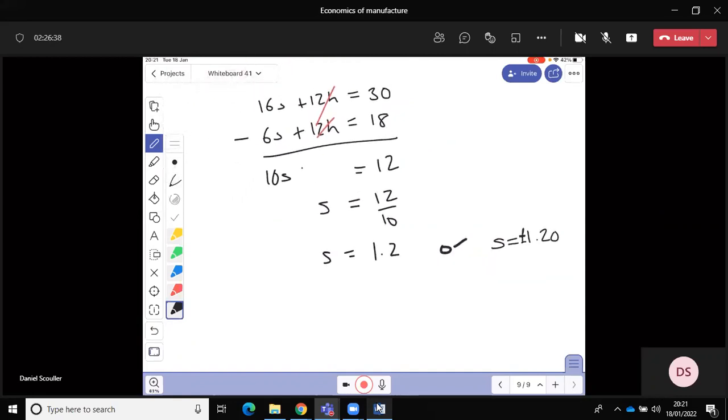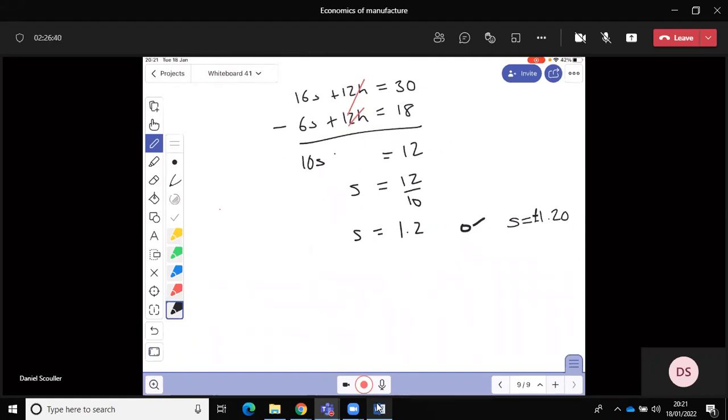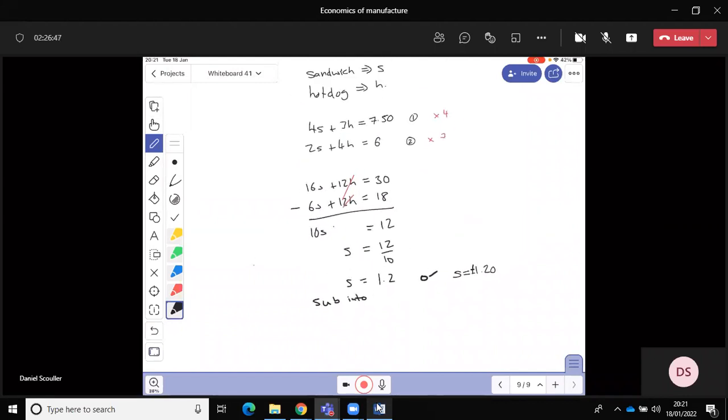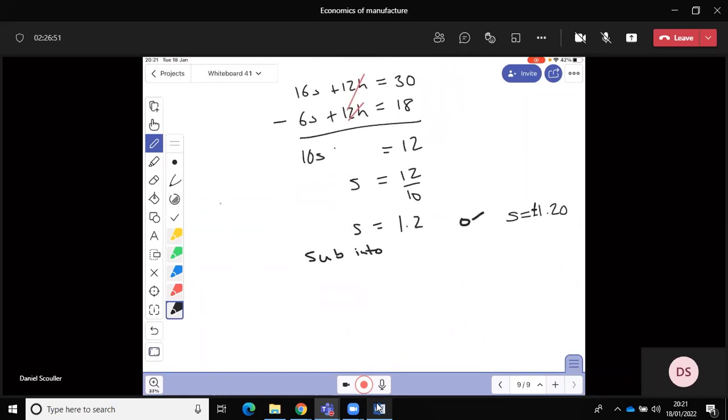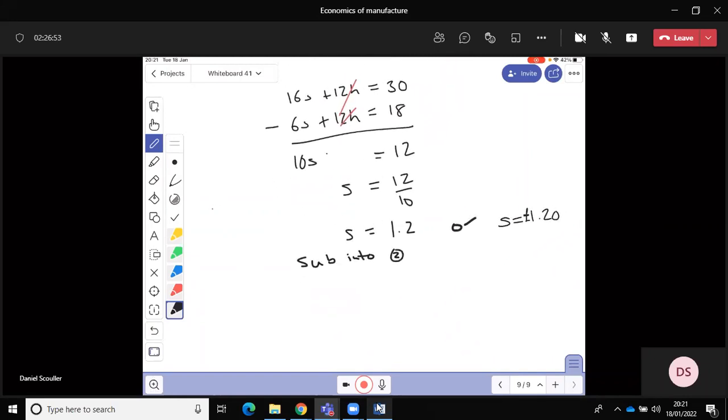Okay, so I'm going to take that S equals 1.2, and I'm going to substitute that back into equation 2 again. It looks a wee bit easier.